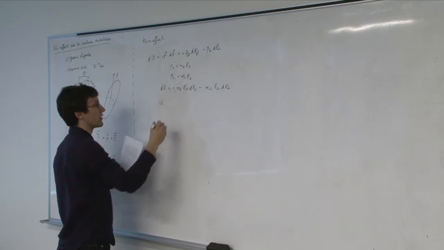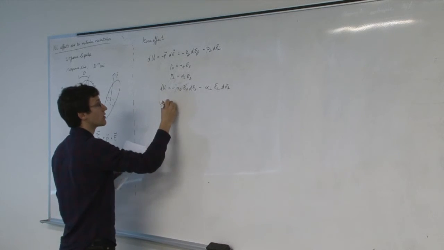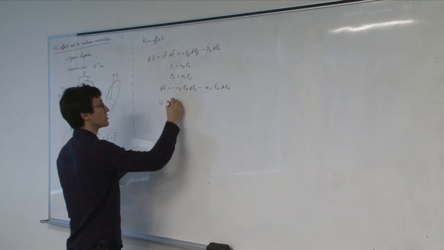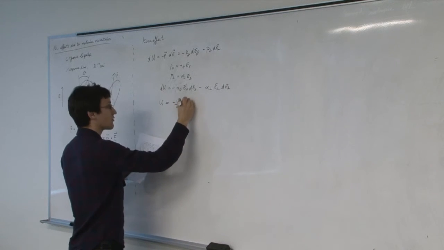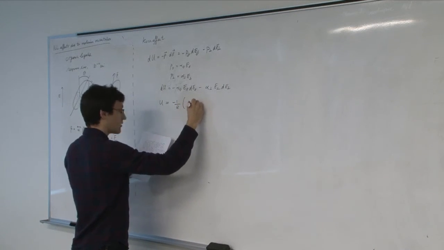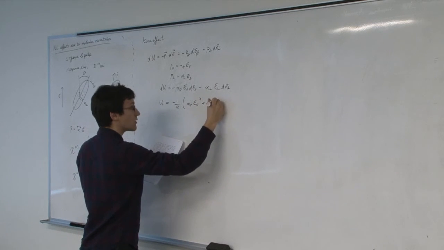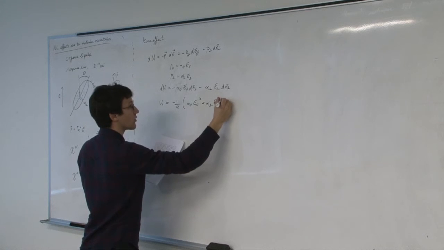Now you can integrate this to get the total change in the potential energy, which is minus 1/2 alpha parallel E parallel square plus alpha perpendicular E perpendicular square.